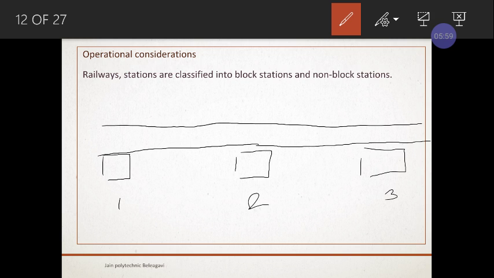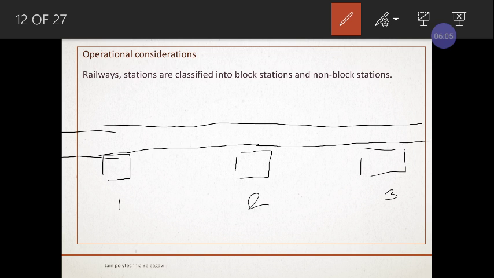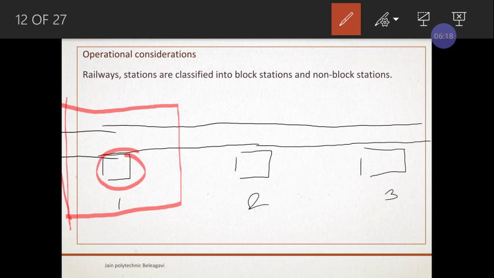For example, if you consider station 1, this part of the track is under station master 1, right?